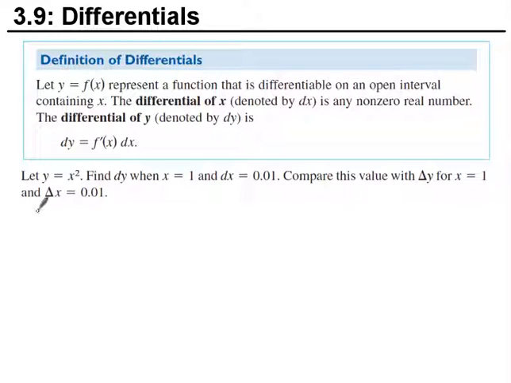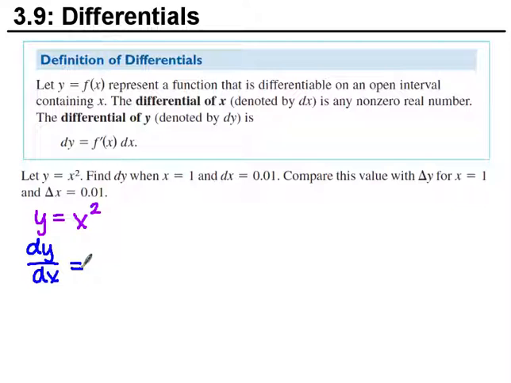So I know I have the original function y equals x squared. What I'm going to do now is find the derivative of y. If you remember, once upon a time I could write this as y prime. Another way was to write it this way, dy over dx.